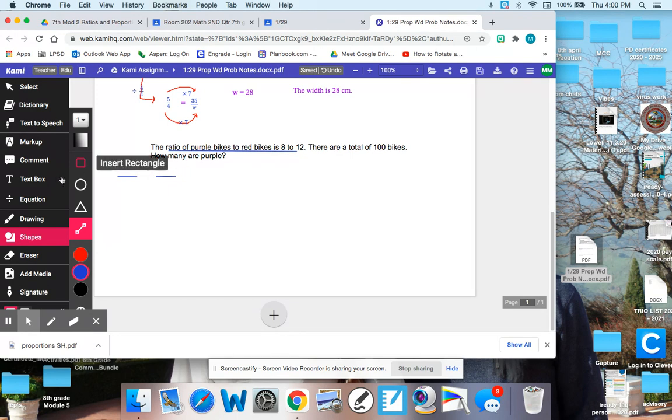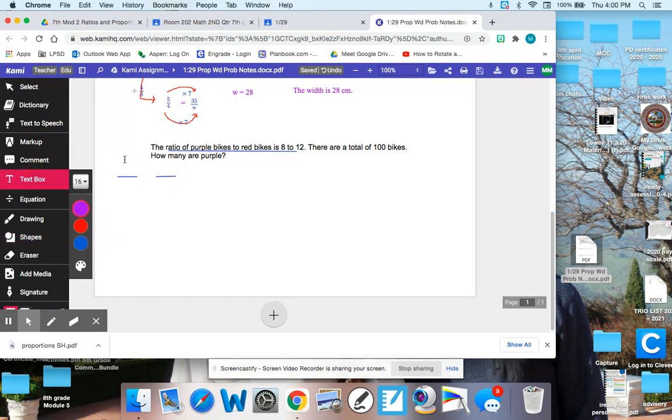So my ratio is going to be purple bikes over red bikes. Purple bikes, it's going to be 8, and red bikes, it's going to be 12. Okay, so there's my first ratio based on that first sentence.